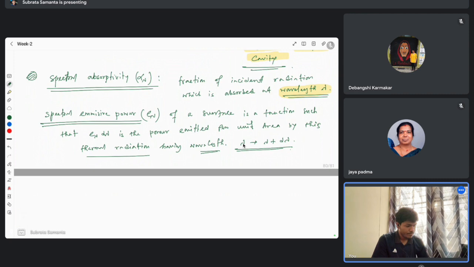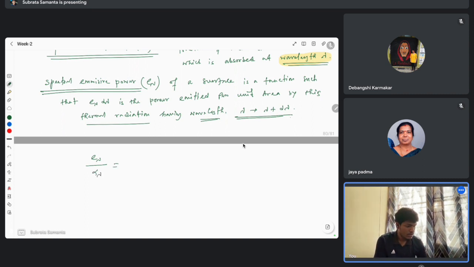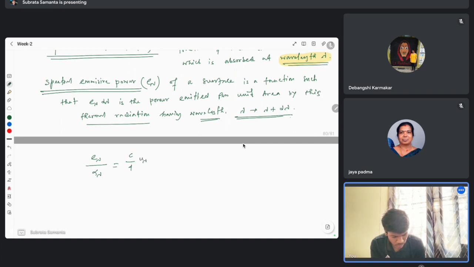Right. So then the Kirchhoff law tells that E lambda divided by alpha lambda is nothing but 3/4 of U lambda. Remember, this is in thermal equilibrium. So the power emitted, the emissive power, and the power absorption are equal.